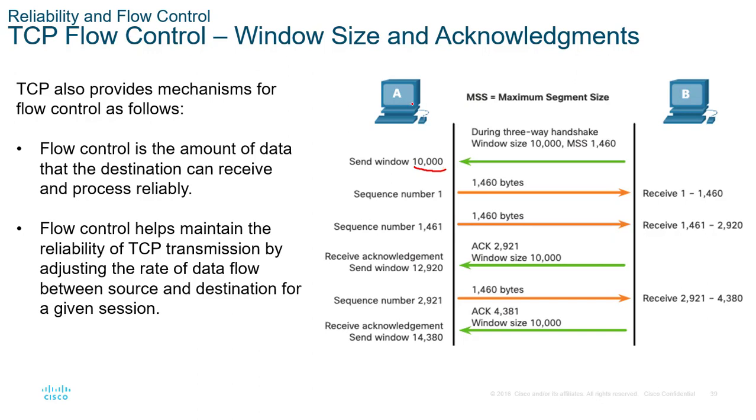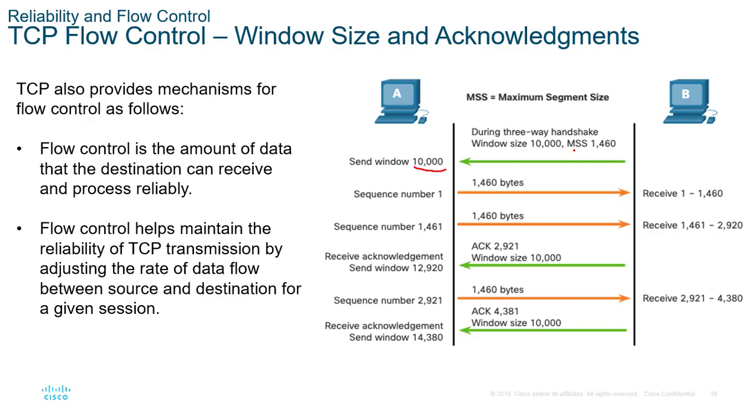That basically means that computer A will be allowed to send 10,000 bytes unacknowledged before it has to stop and wait for computer B to acknowledge receipt of some or all of that information. This helps the communication process by not overloading the destination with too much information.